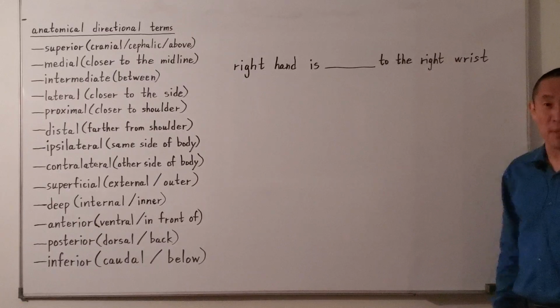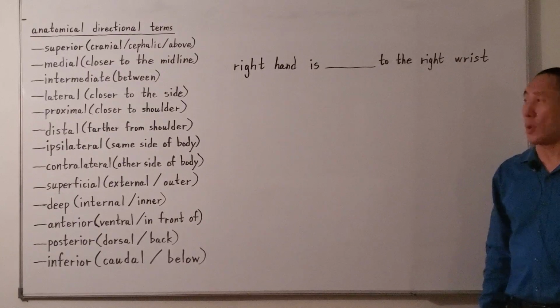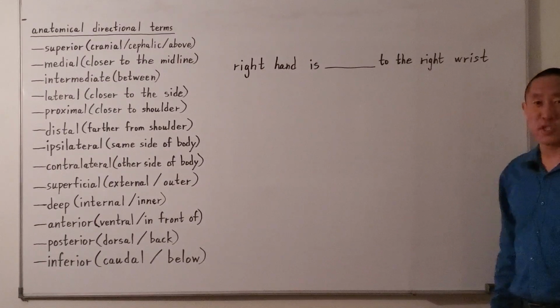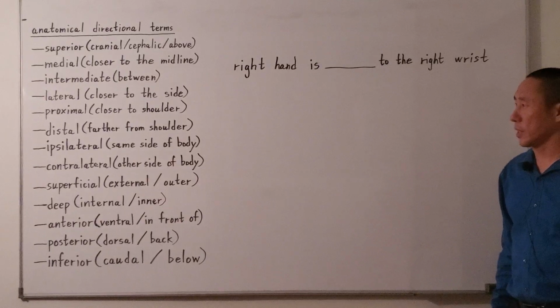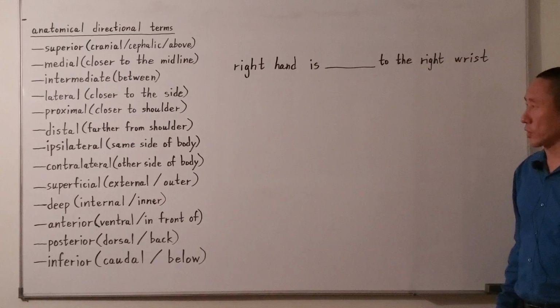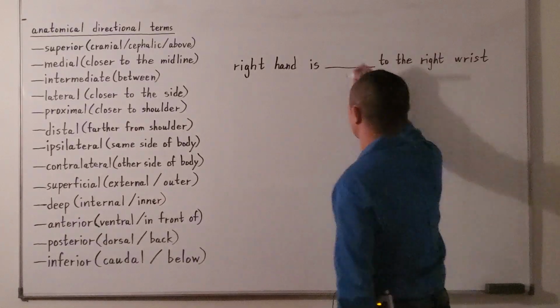That means we have to use either proximal or distal. Again, focus on the first structure, the right hand. The right hand is obviously further away from the shoulder compared to the right wrist. The term for further away from the shoulder is distal.